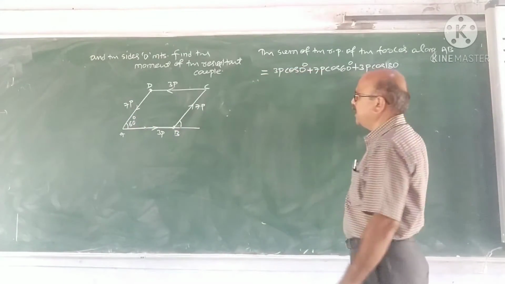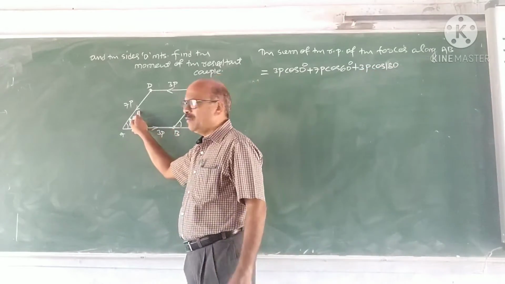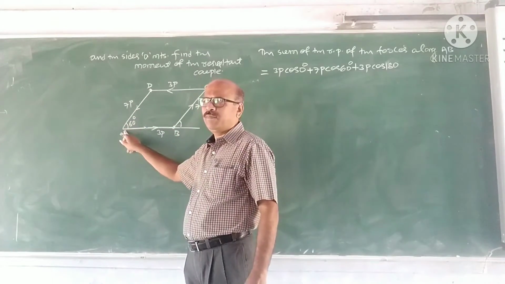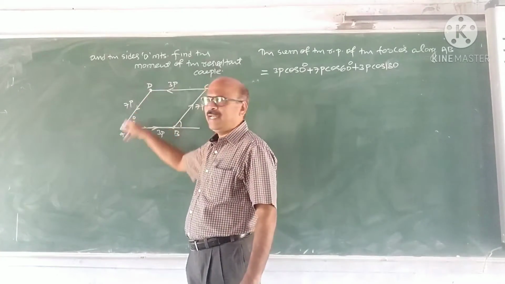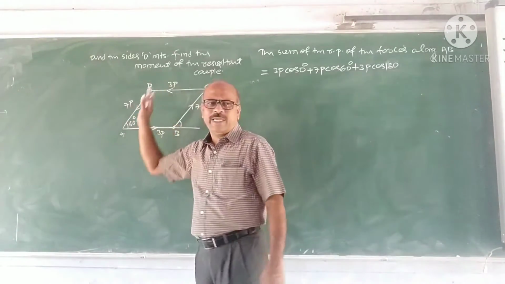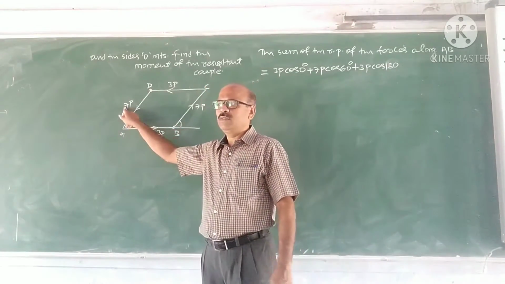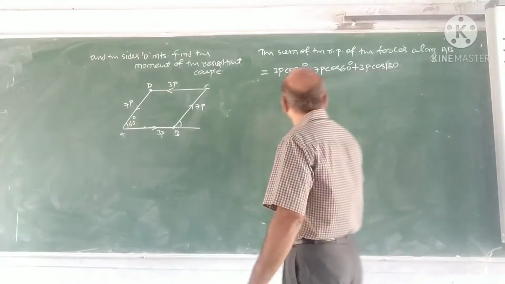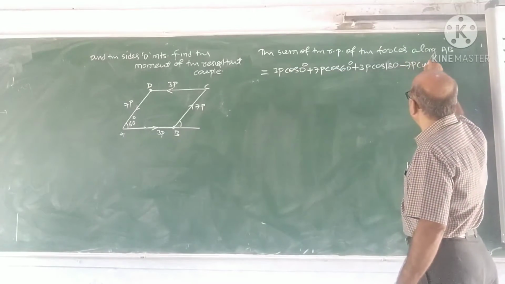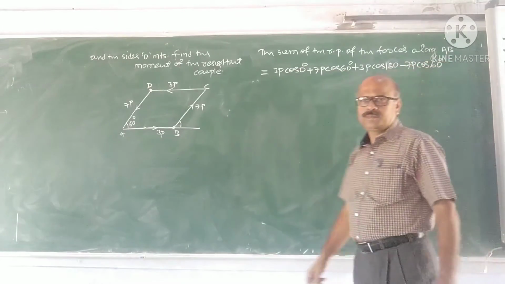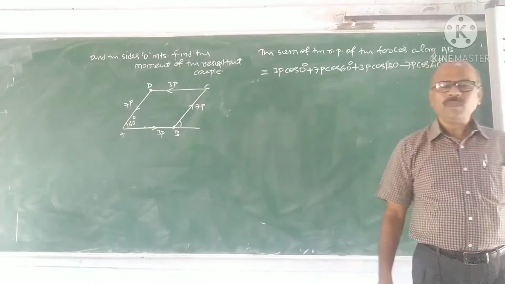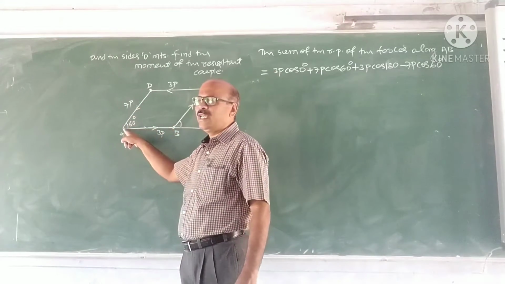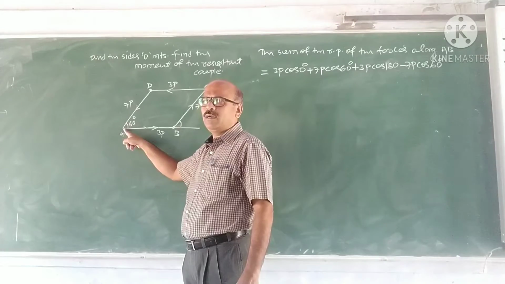Plus 3P cos 180. And what is the angle made by 7P? The 7P direction is DA. If you take the direction by AD, the angle made by AD, then you have to reverse the force. 7P becomes minus 7P. That will be convenient. So I write minus 7P makes an angle of 60 degrees. Correct?